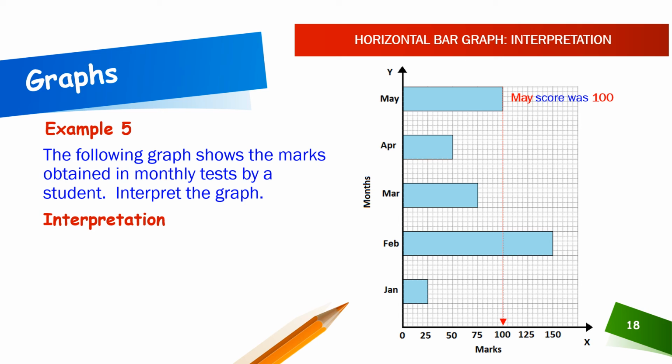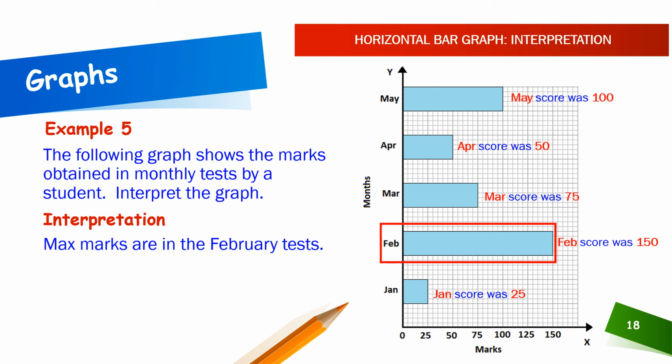The May score was 100, the April score was 50, the March score was 75, the February score was 150, and the January score was 25. The maximum marks were those in the February test.